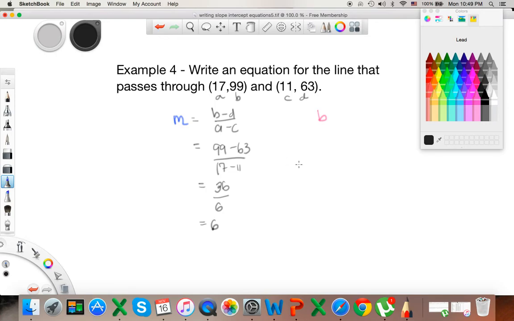Now that I know my slope is 6, I can go back to my equation y equals mx plus b and start substituting in slope and my points on the line to solve for b.